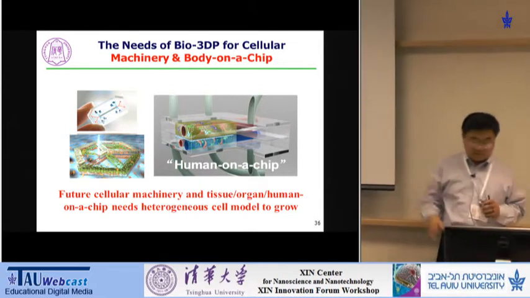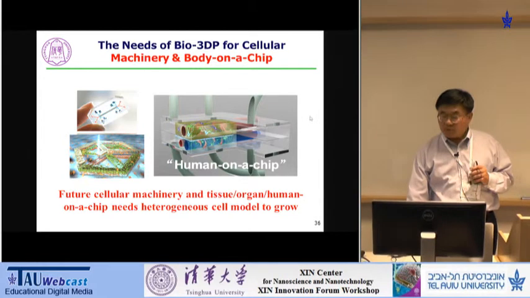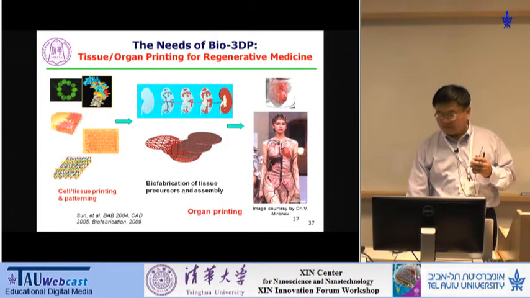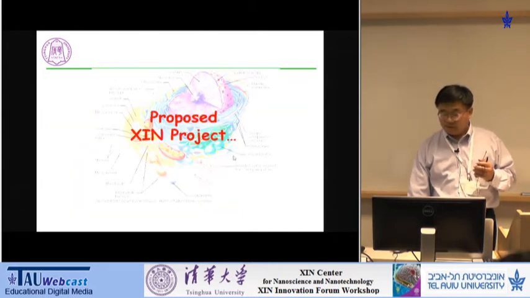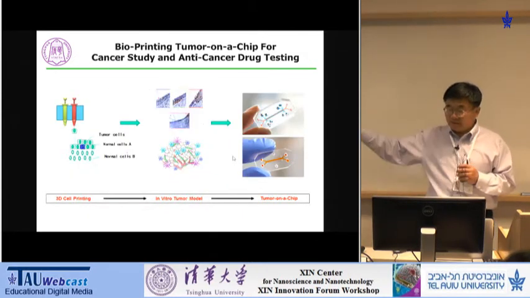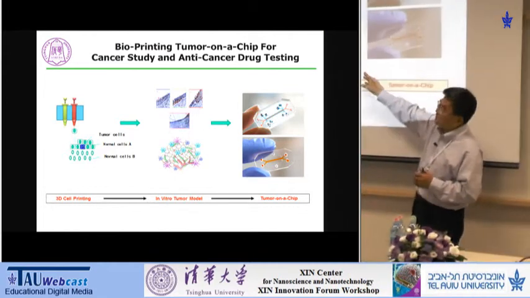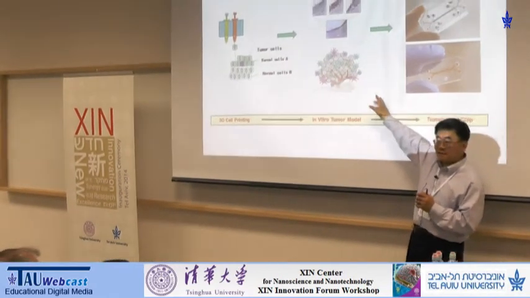But those are just for drug test applications. Sometimes you may print a tissue structure or even a heart, though we know that may not be real printing. I also want to give one more example: we can use this for cancer study. We build a heterogeneous cancer model.